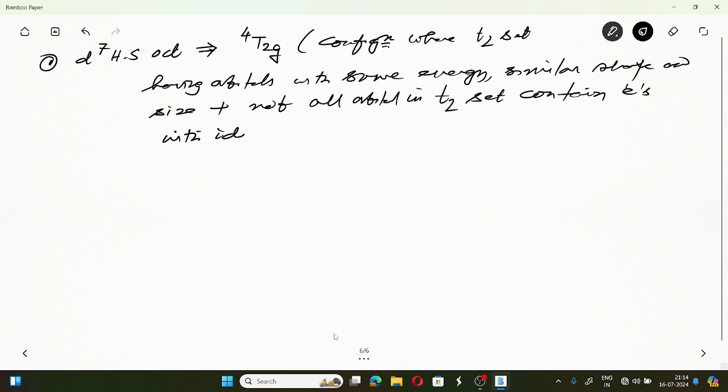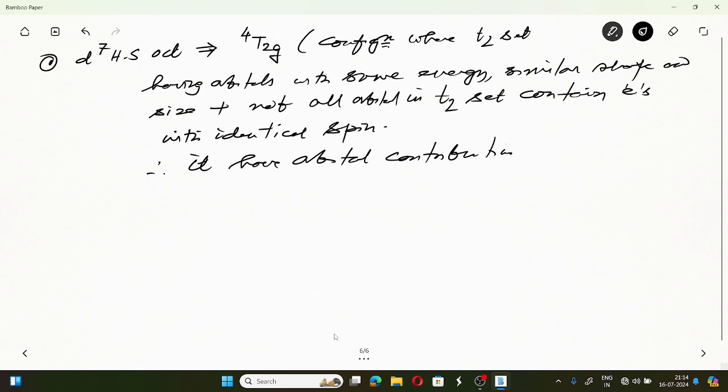Okay? Therefore what will happen, it will have orbital contribution to magnetic moment. It will have orbital contribution to magnetic moment, that is mu effective greater than mu s, the spin only value. Mu effective becomes greater than the spin only value.